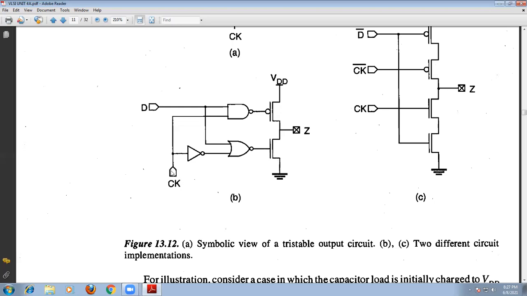Whatever charge is on the load capacitors will be discharged, that is, they sink current to the ground.